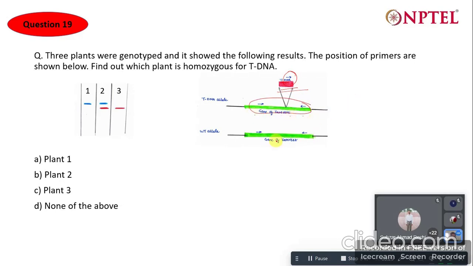If we consider a wild type allele, there is no such interruption in between, so they will give a PCR product of this much length, shown in the blue bar. So this is a larger PCR product.